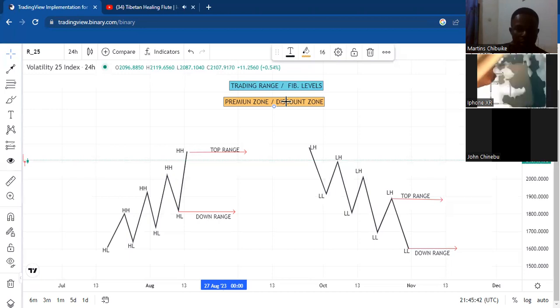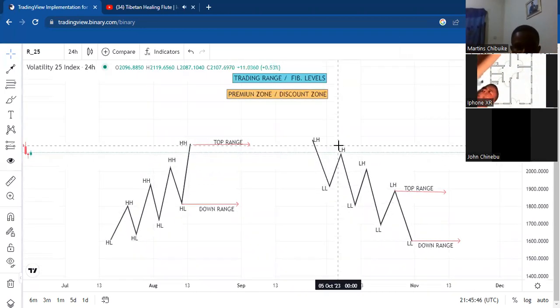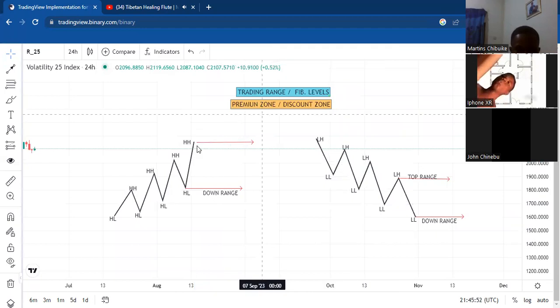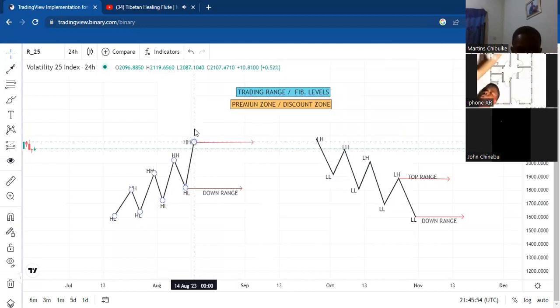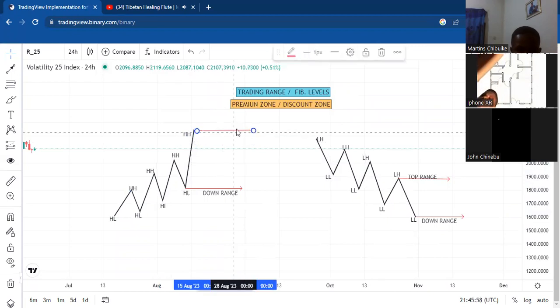So let's take for instance, look at this trade now. Imagine this is a laptop. You want to buy a laptop. Let me show you the concept of this premium zone.